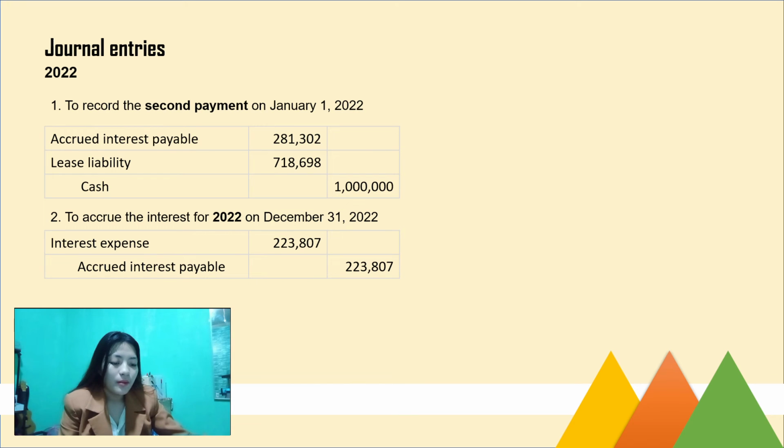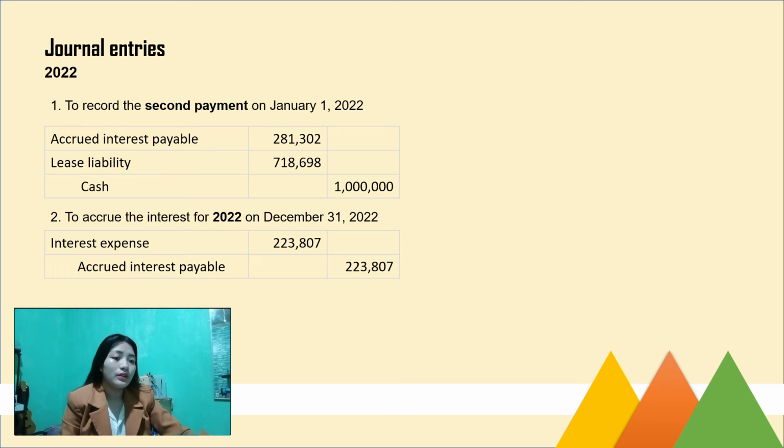So, from that amount, 2,797,582, doon natin kukunin, o yun yung magiging base natin to get the 8% or the implicit interest rate of 8%. So, ang 8% ng amount na yun ay 223,807. That is why, yun yung amount na ginamit natin for this accrual.